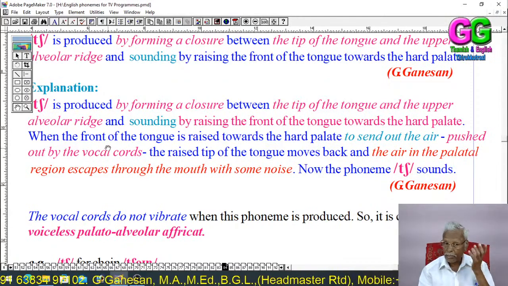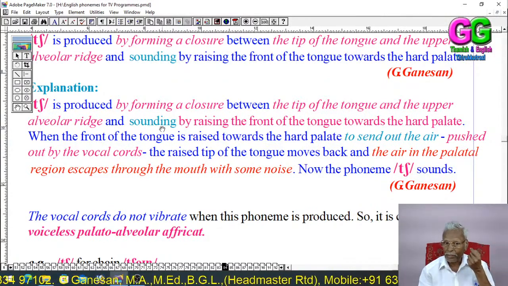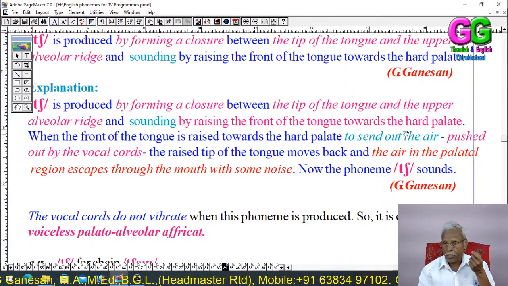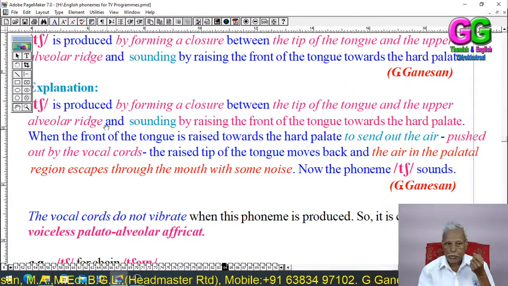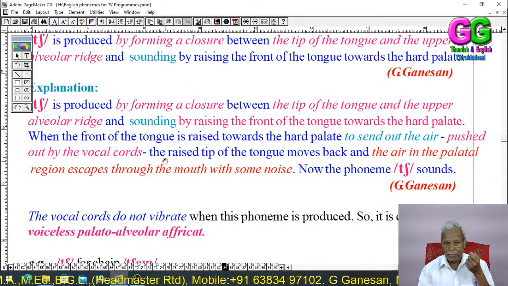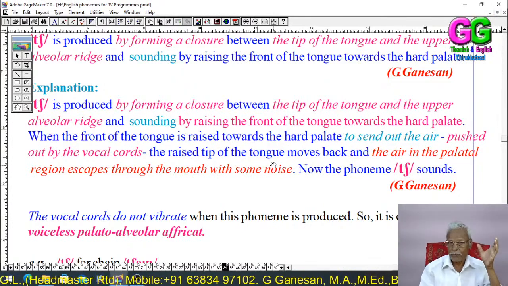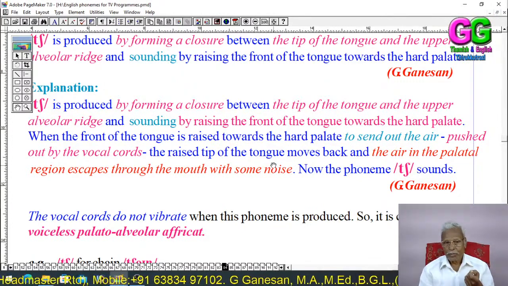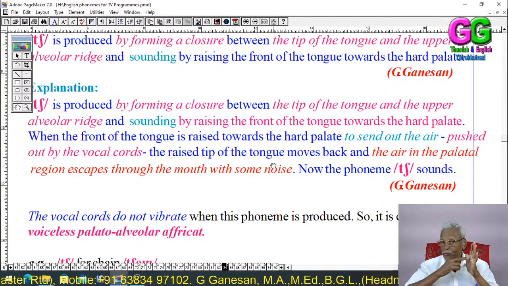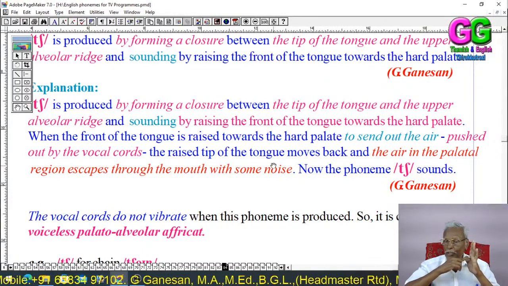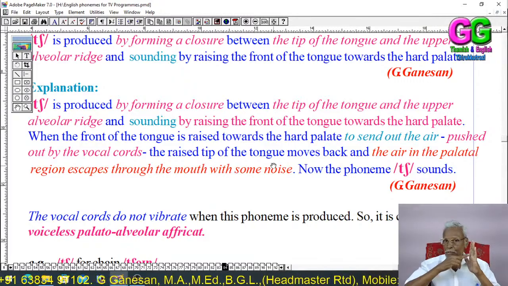When the front of the tongue, not the tip of the tongue, is raised towards the hard palate, it sends out the air pushed out by the vocal cords.